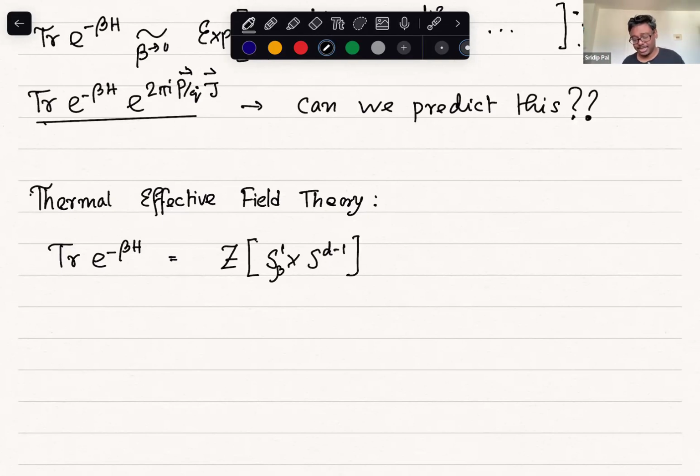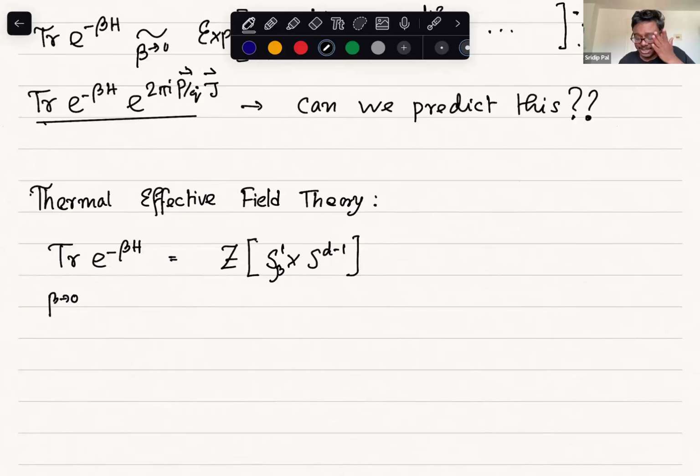over S1 beta times S^(D-1). And in the beta going to 0 limit, basically means I am shrinking the circle of this S1 beta. And when I am shrinking the circle, effectively the theory lives on S^(D-1).